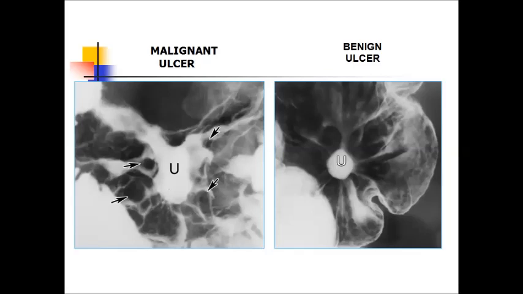Usually, irregularity of contours, tendency to rapid growth, changes of mucosal fold near the ulcer are signs of malignancy, and on the contrary, smooth regular contours and relatively small size, not enhancing during several examinations, shows us benign gastric ulcer.